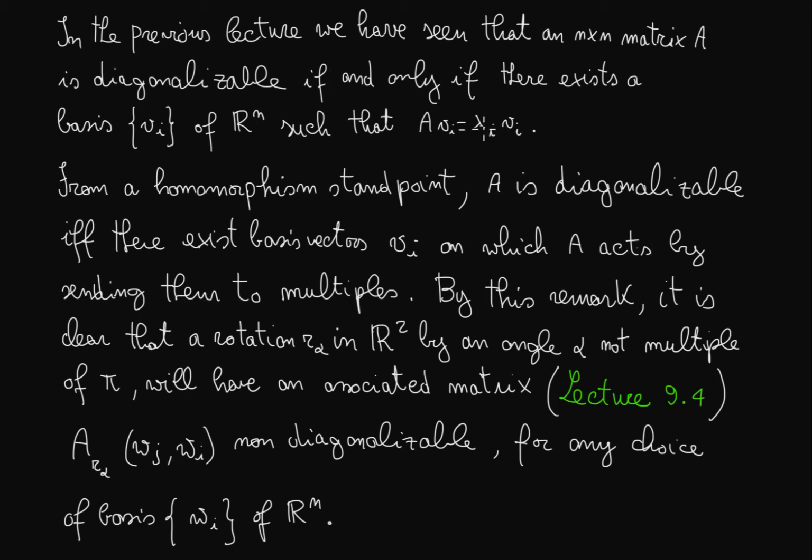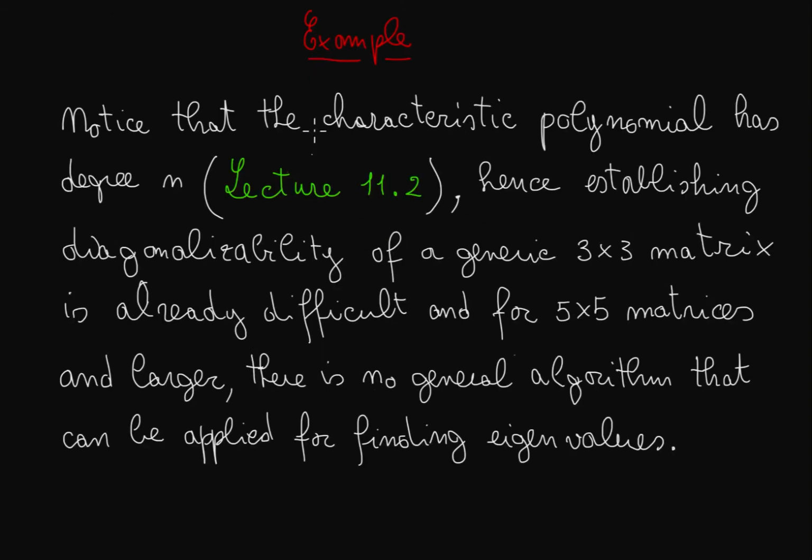Therefore, here we are multiplying Vi's by -1 in this case. But if we exclude the case of rotation by angle pi, any other rotation will be sending a vector to another vector which does not lie on the same line, and therefore this is not going to be possible.